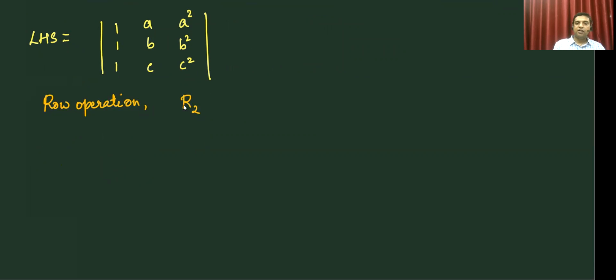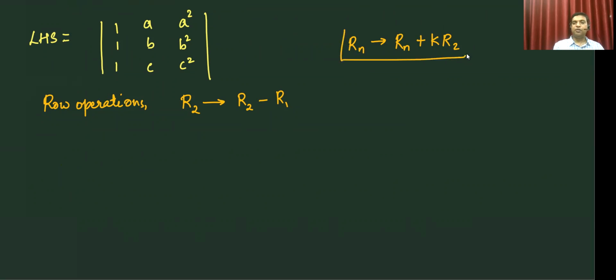I will write R2 as R2 minus R1, because we always can write any row as that row plus k times any other row, either 1, 2, 3, 4. Then the determinant value does not change. So R2 we write as R2 minus R1.